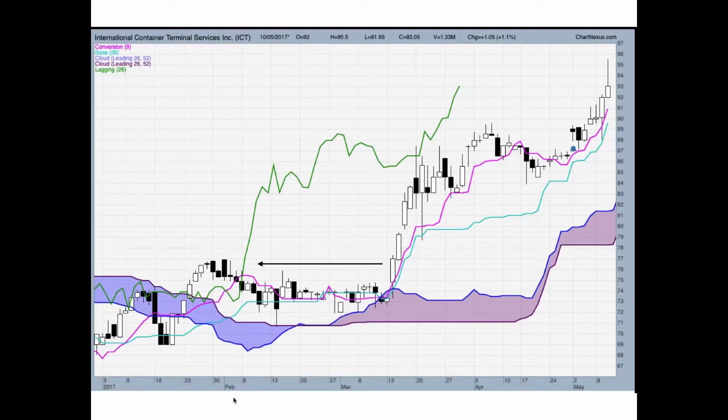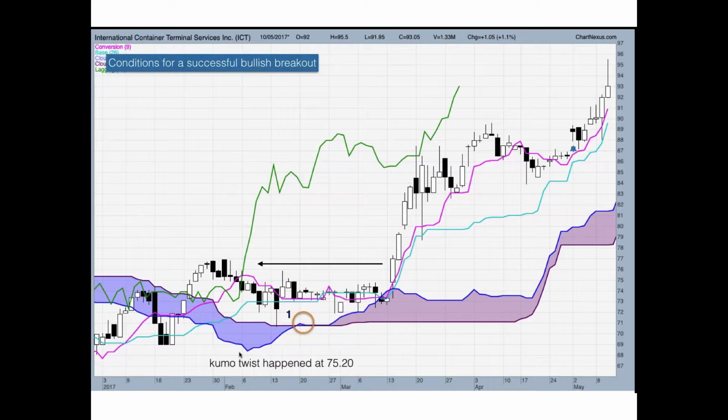Now our next case study is on ICT. In this chart, ICT is in an uptrend. A Kumo twist happened at 75.20. And then a Kumo breakout.